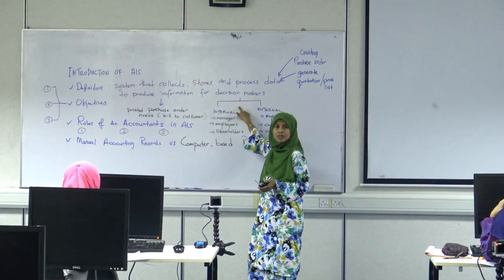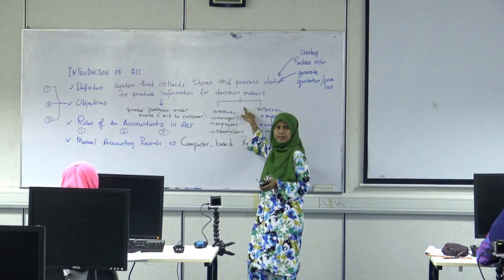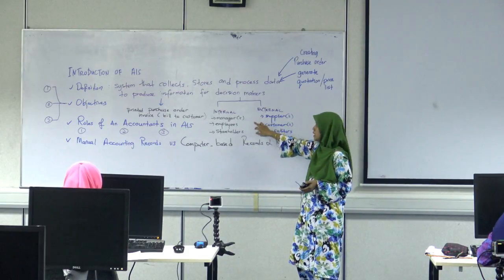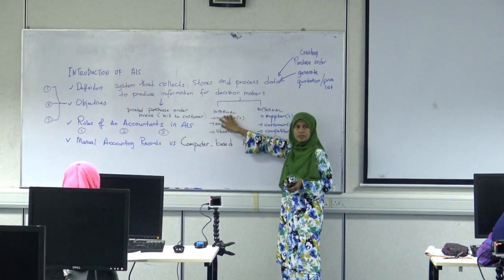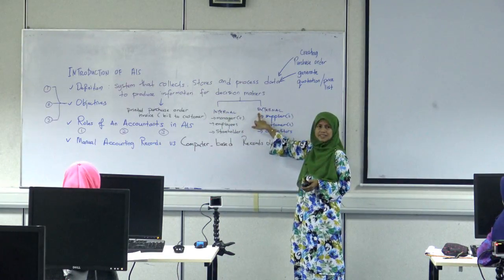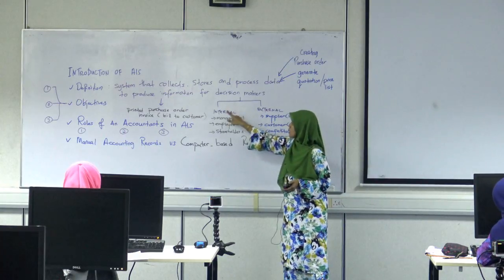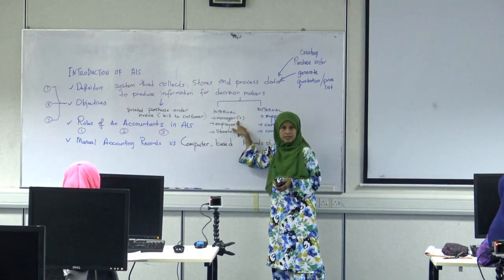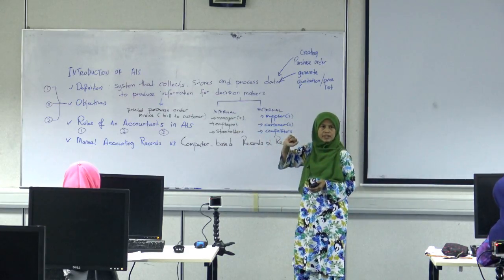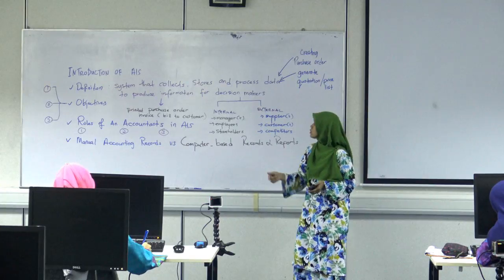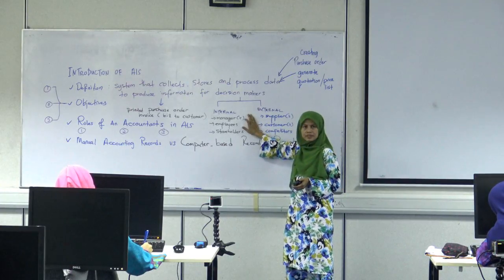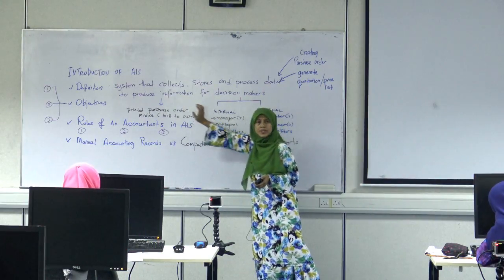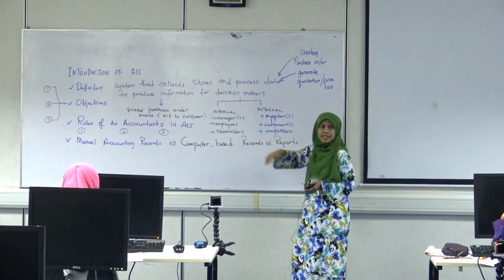Those information later on are to be used by the decision makers. Who are the decision makers? We are talking about two types of decision makers in a company: internal decision makers and external decision makers. If we are talking about internal, normally we are referring to a manager, because the manager will make the decision on what kind of operation or action to be taken from the information provided, such as the customer.